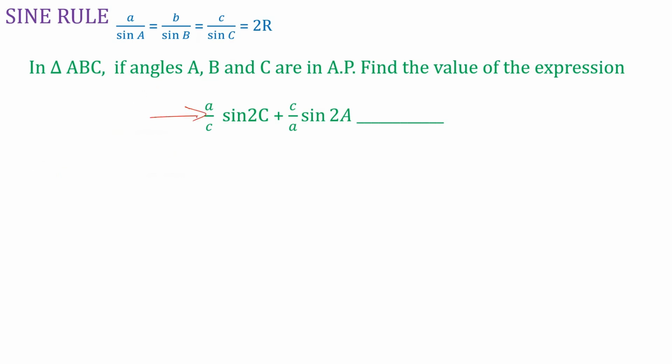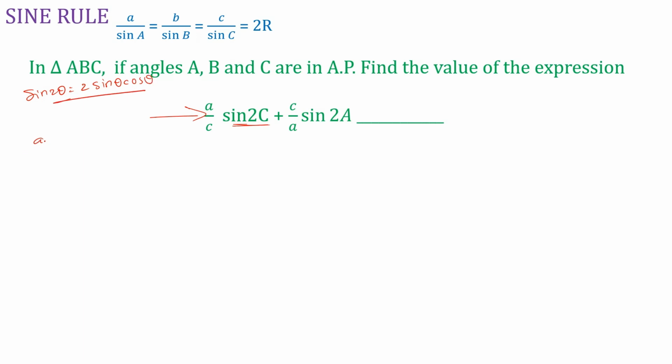Now we have to find this expression. We observe here it is like sine 2 theta, the formula of which is nothing but 2 sine theta cos theta. We'll use this formula here.